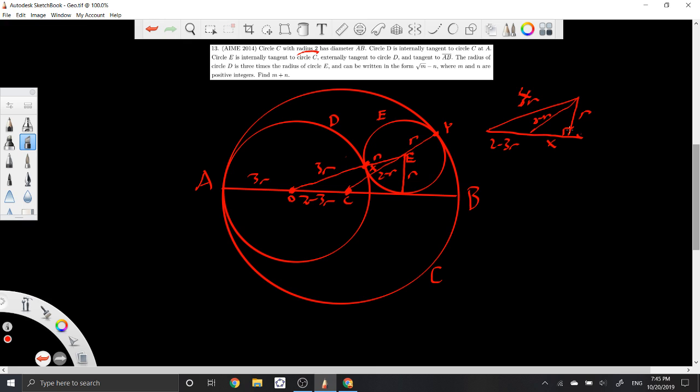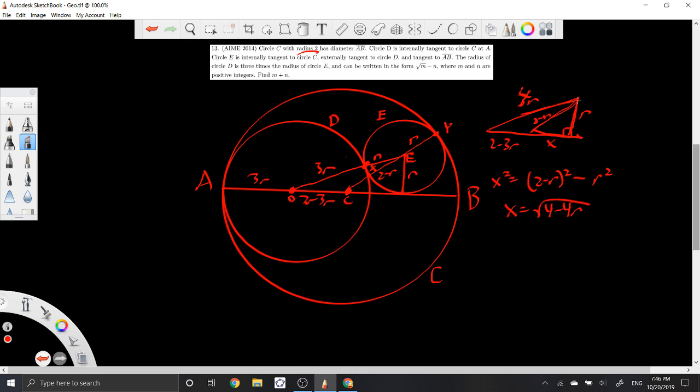So if we call this length X, then we actually have two equalities. So we have X squared equals (2 minus R) squared minus R squared from this right triangle right here, this little one. So X equals square root of 4 minus 4R.